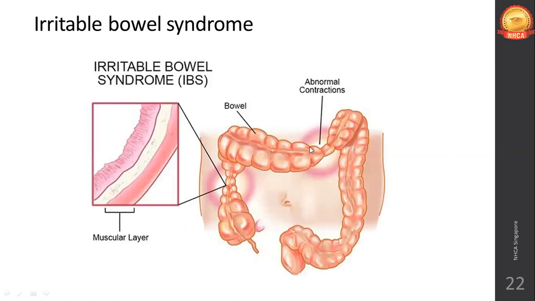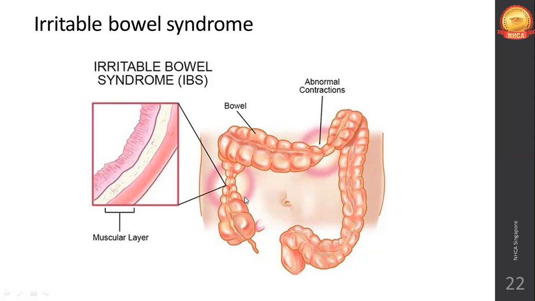So IBS, you can see here, one entire part of an intestine will be inflamed, and this inflammation can lead to abnormal contraction. Whatever part of the intestine is inflamed, abnormal contraction can take place. It will not follow your regular peristalsis movement.